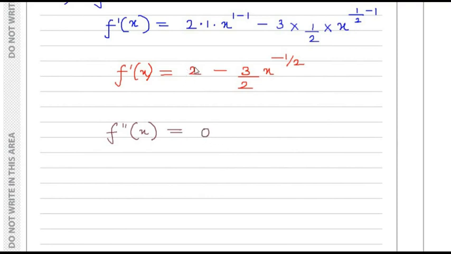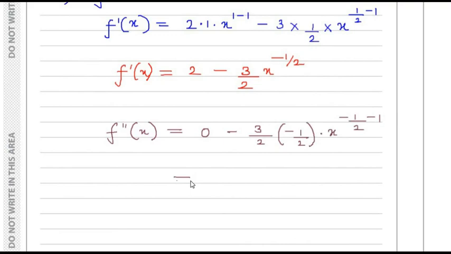So the differentiation of 2 becomes 0, minus 3 over 2. Now again we have to differentiate x to the power of minus half. So this minus half power comes down. So minus half, and again x is reduced by a power of 1. This is how we differentiate it.